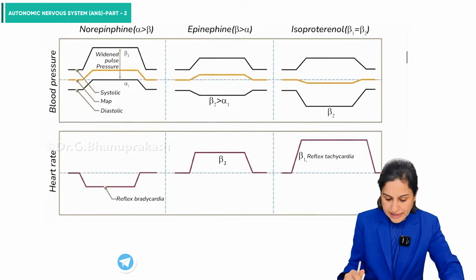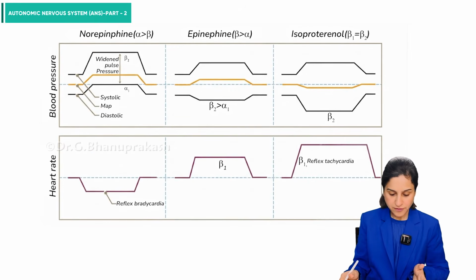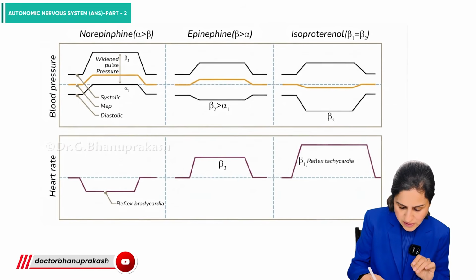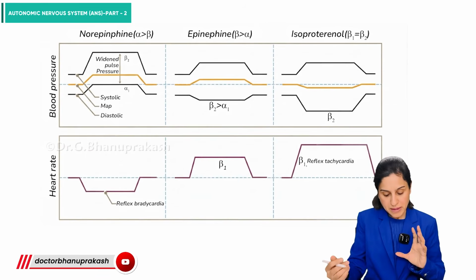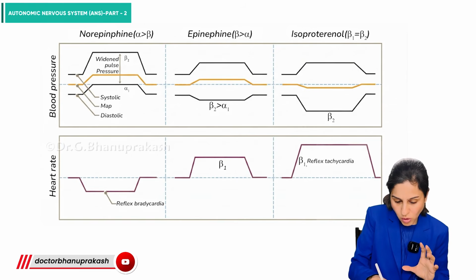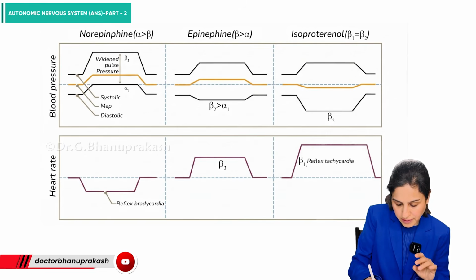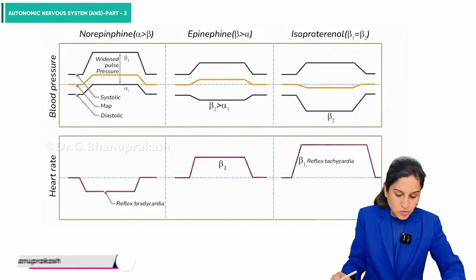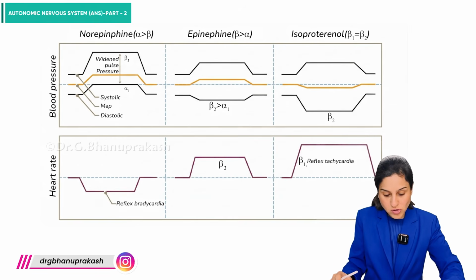Moving on to the next very important graph. So this is a graph which shows you the effect of these various sympathomimetic drugs or catecholamines on the blood pressure. So effect on the blood pressure and heart rate, rather the reflex heart rate I'm talking about here, okay? So moving on to the first drug that we have is norepinephrine.